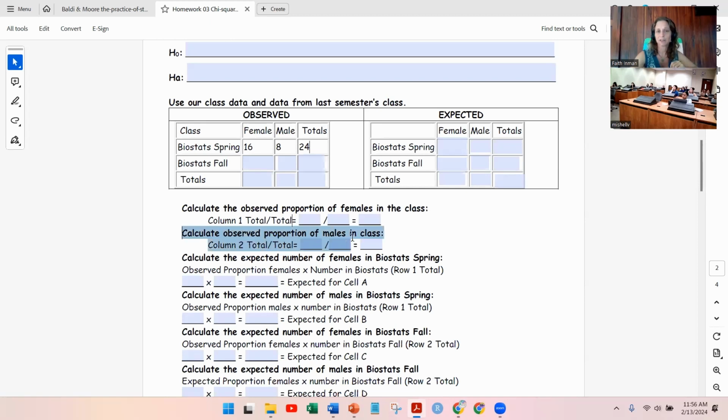That's the observed proportion of females in the class. Then you calculate the observed proportion of males in the class: column two total divided by total. Your column two total is the total number of males in both classes divided by the total number of students from both classes.